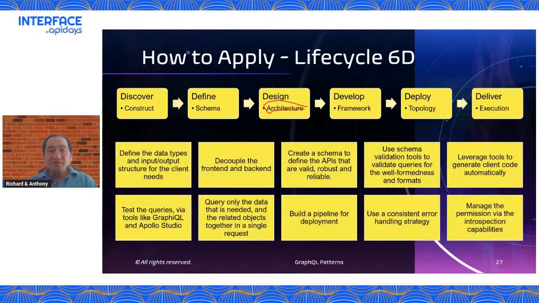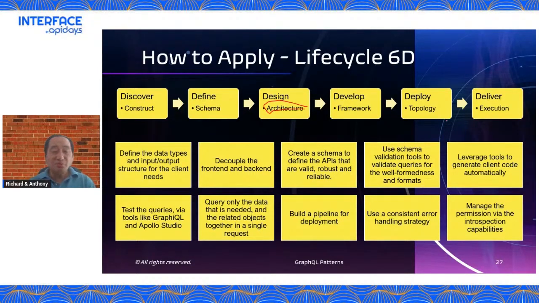Then, in general, some guidelines, right? How do you apply these patterns effectively? You need to define these data types very well, structure. It's ideal to decouple front end from the back end so you can separately do this. Create a schema to define APIs, use tools to validate the schema, and leverage tools to generate the code automatically once your schema is defined. So the client side does not need to do it from scratch.